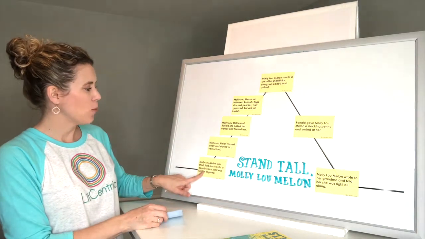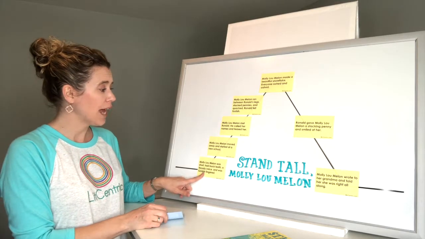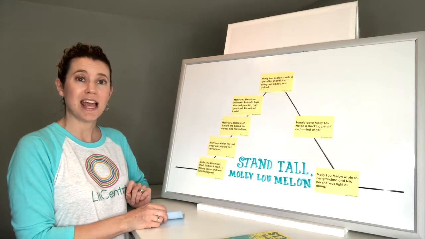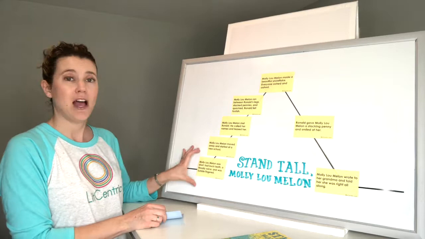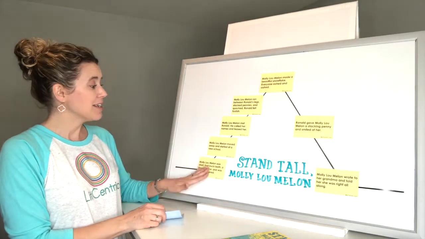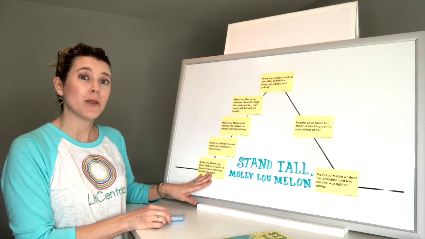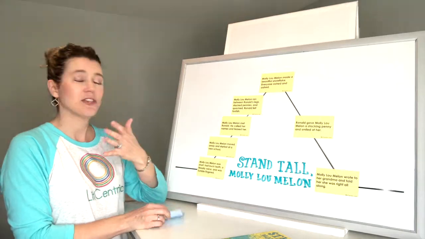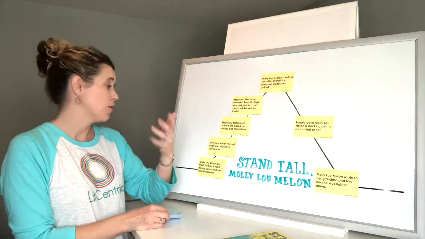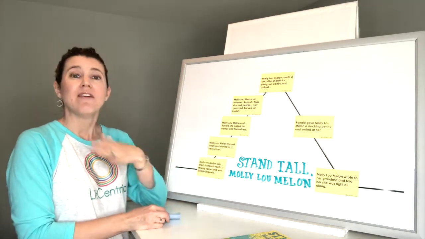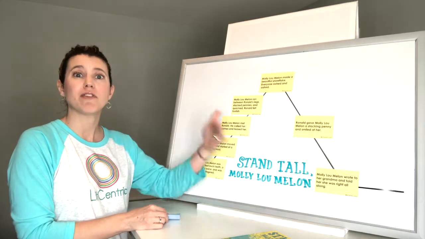In this case, we have Molly Lou Melon was short, had buck teeth, a throaty voice, and was fumble-fingered. That's how our story begins. As you probably recognize in the book, each of those things, her height, her voice, her teeth, take up several pages of the book.